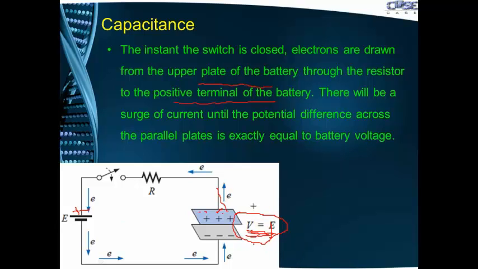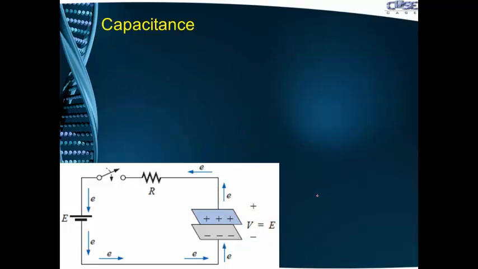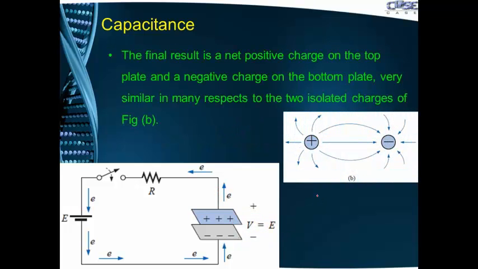At the moment when these two voltages become equal, the current in this resistor becomes zero. That is, the potential difference across the resistor becomes zero, and the current becomes zero, and no further charge would be accumulated on these plates. The final result is a net positive charge on the top plate and a net negative charge on the bottom plate.